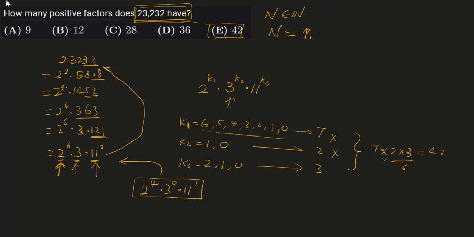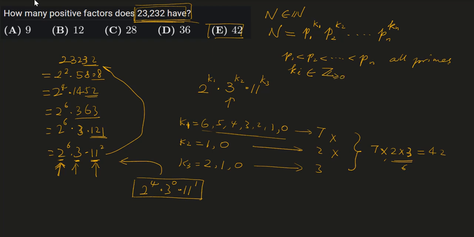So p1 to the k1 times p2 to the k2 times ... times pn to the kn, where p1 is less than p2 less than ... less than pn. pn is the largest, and all are primes. And the ki should be all non-negative integers. We'll use this notation.